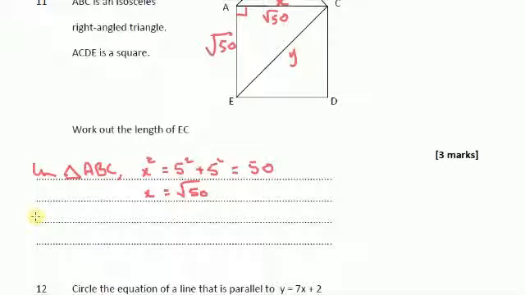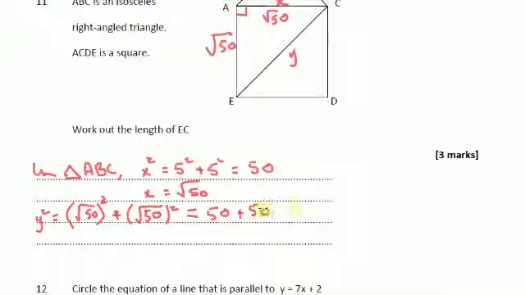So y squared is equal to square root of 50 squared plus square root of 50 squared. And now, square root of 50 times the square root of 50 is just 50.